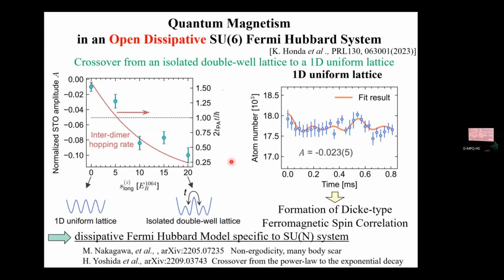It's a really entangled state. In the case of a double well lattice, we only consider two atom entanglement. But in a Dicke state, all the atoms in a 1D lattice are entangled to form a highly non-classical state of the spin state.